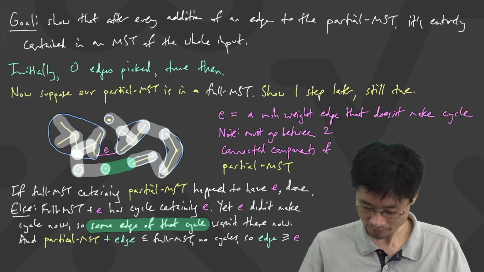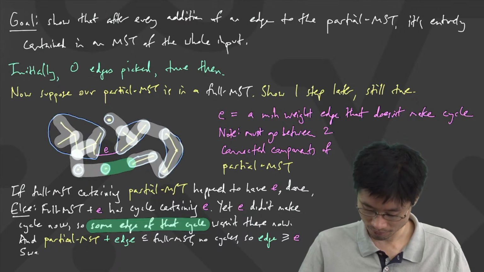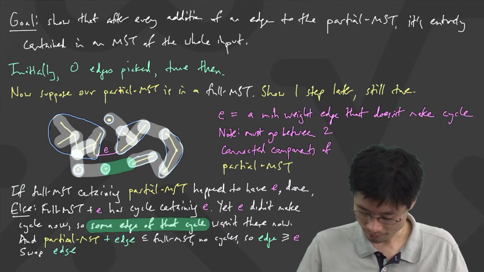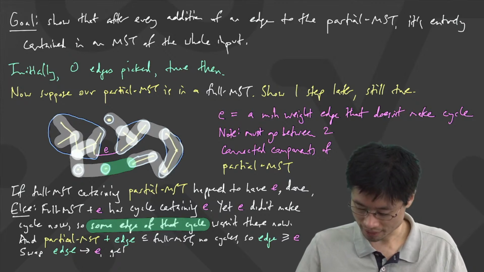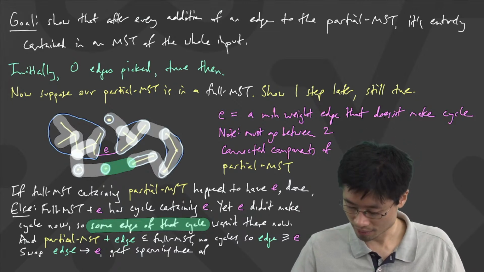So this, and then you swap. You change the green edge to E. Get a spanning tree of less than or equal to the weight.